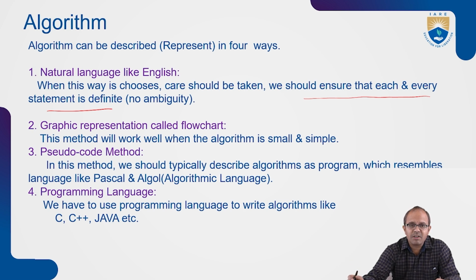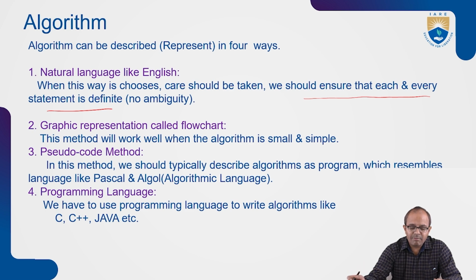Graphic representation, or flowchart, is nothing but a pictorial representation of your algorithm, a layout, I can say. Use different standard symbols, connect them, and have a flow. Block 1 is moving to block 2, block 2 is moving to block 3, like that. You should have a pictorial representation. This we sometimes call the graphical representation of the algorithm, represented for visualization.